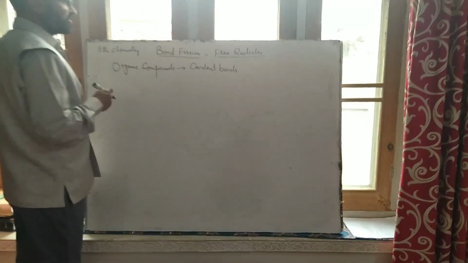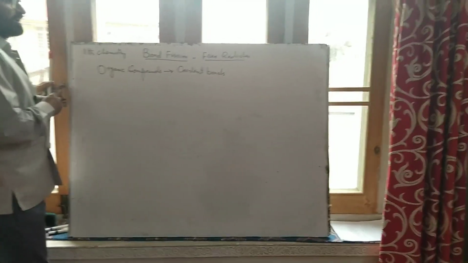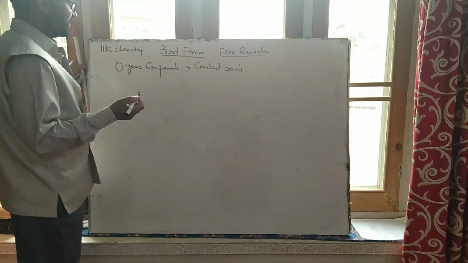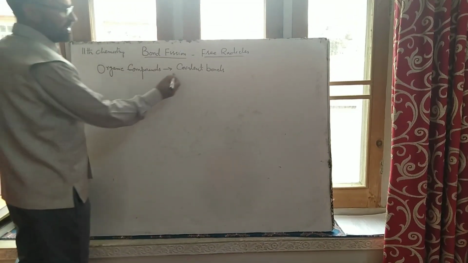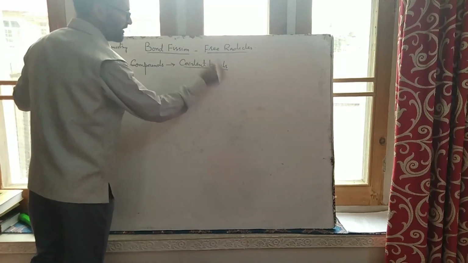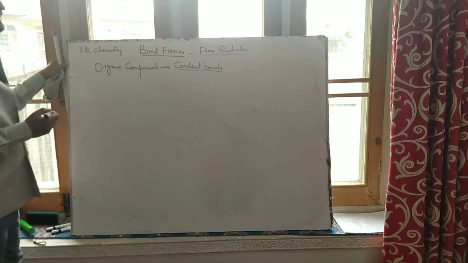Now we are going to study bond fission, and then we will study free radicals. Organic compounds are made up of covalent bonds. That is, in organic compounds, there are covalent bonds.